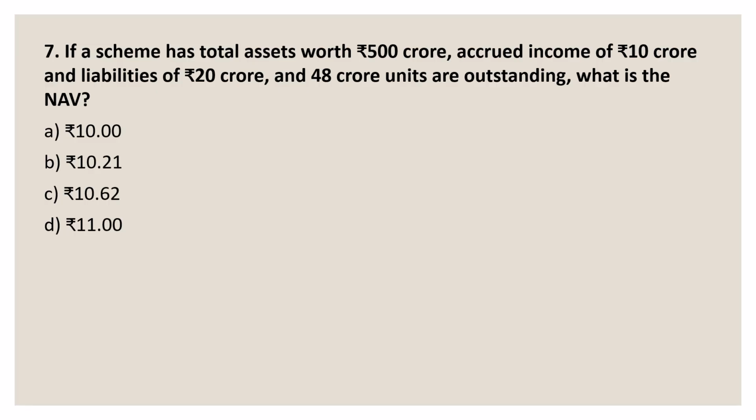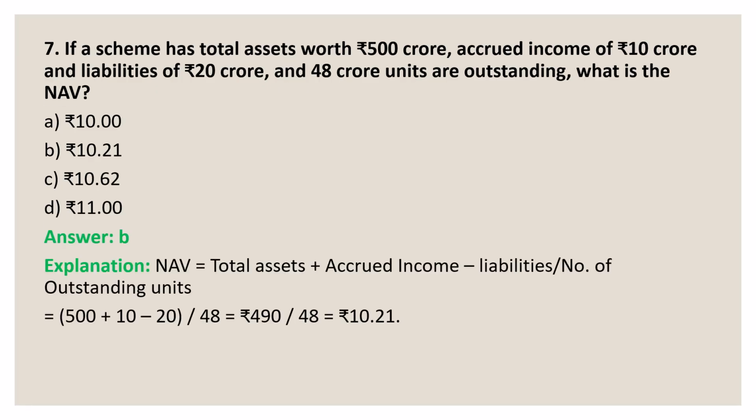Correct answer is option B, 10.21 rupees. NAV formula is total assets plus accrued income minus liabilities, divided by the number of outstanding units. Substitute all the values, then the NAV will be 10.21 rupees.